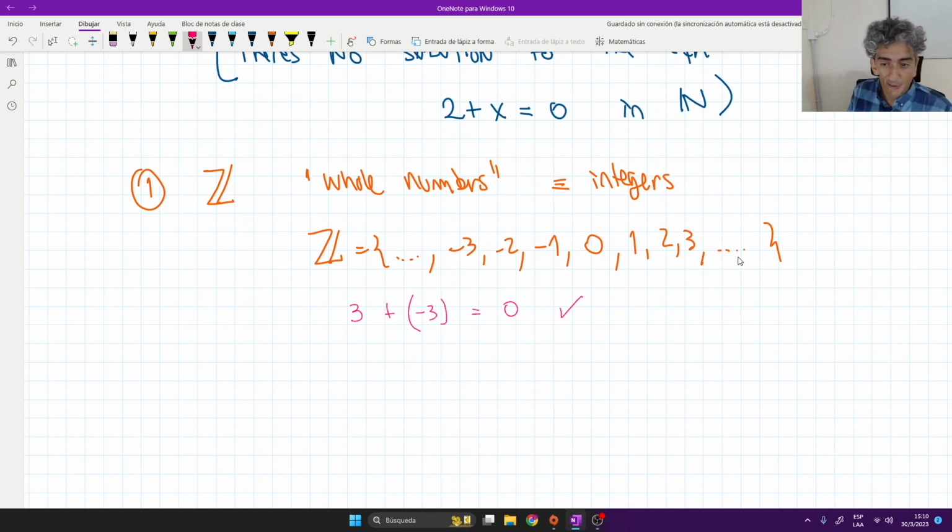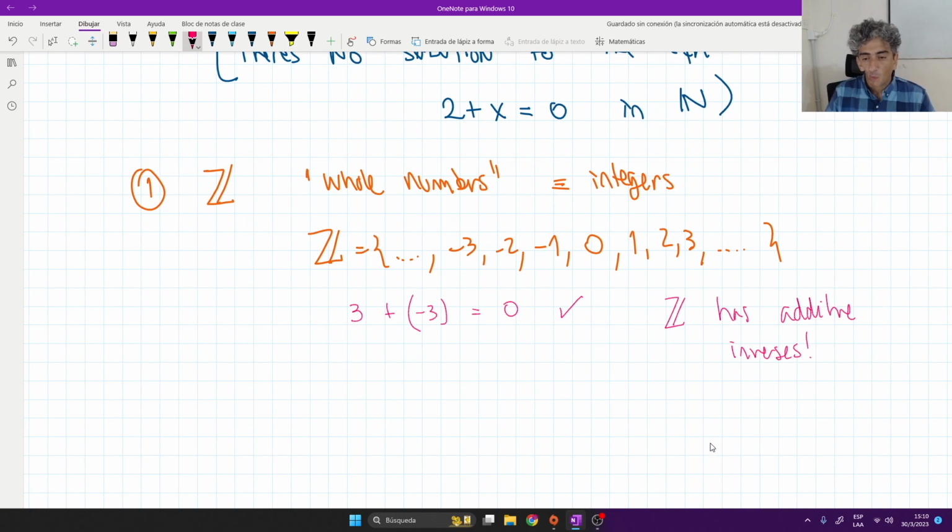For each element of Z, there's an additive inverse. But what it lacks is multiplicative inverses.